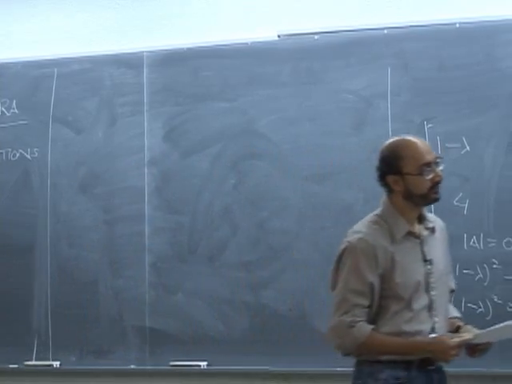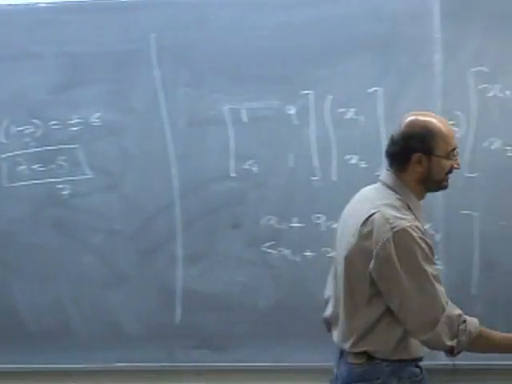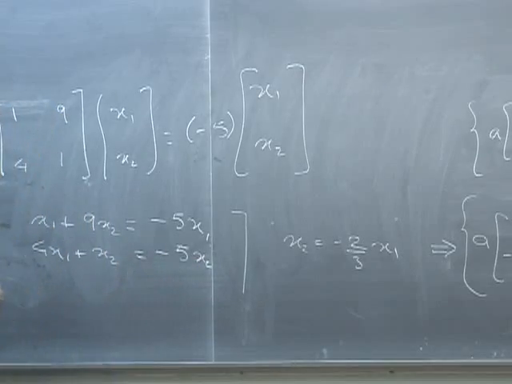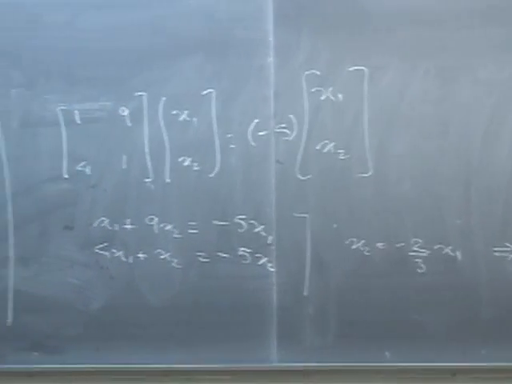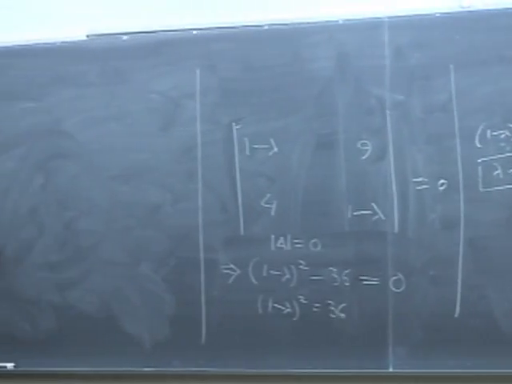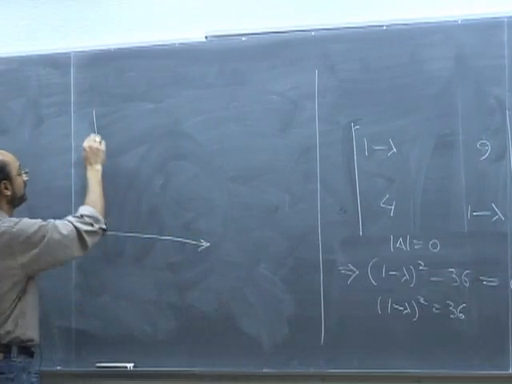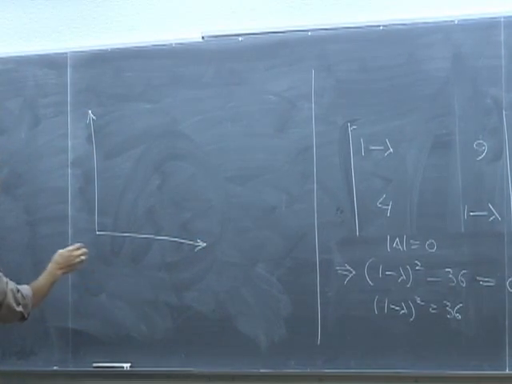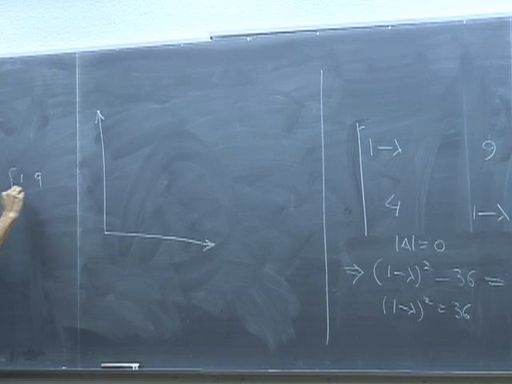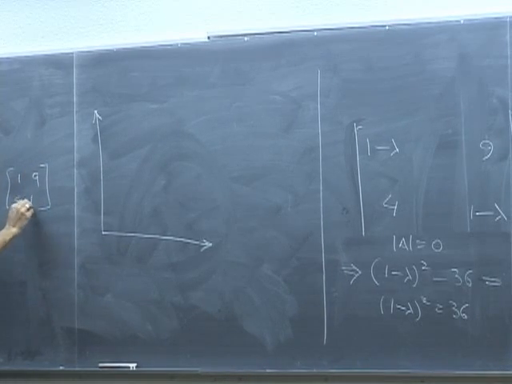So what we have over here is that these vectors are particularly simple. They can be drawn in two space. The matrix, if you recall, is (1, 9; 4, 1), and that's some transformation.